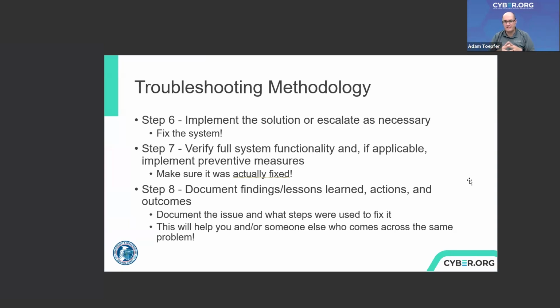And then after you implement that, say, for instance, I plugged my monitor back in. I verified all the system functionality. We verified I was able to share again. And then everything kind of works, or should work, as you expect. And you make sure it's fixed.